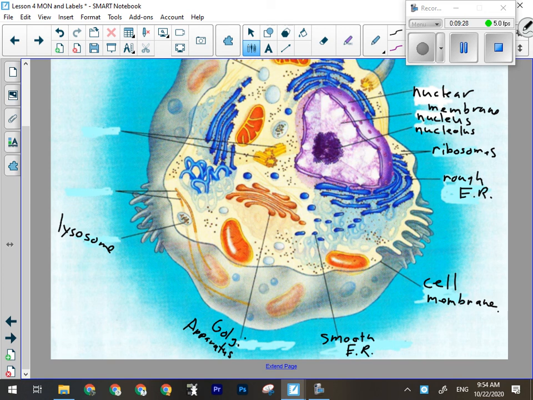The next thing here is these things that look like a noodle. These are part of the cytoskeleton. You won't need to label this, but these ones specifically are microtubules because they're actually hollow. They are simply supportive cable-like structures within the cell.